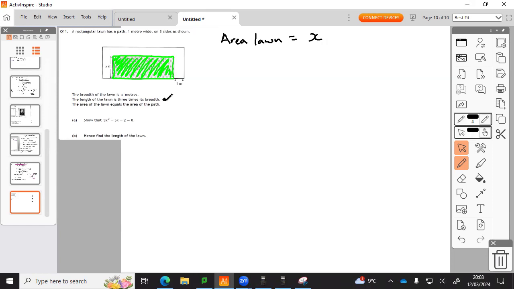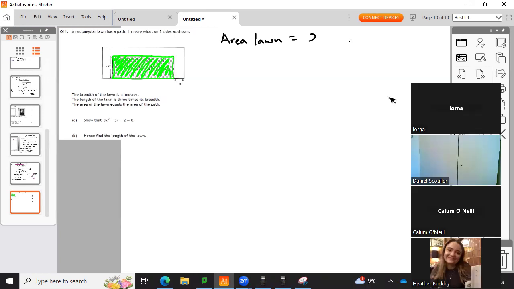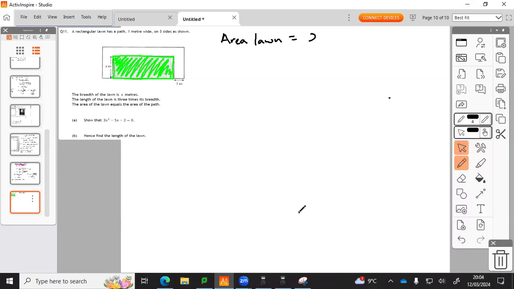So you've got x times 3x. So length times breadth equals x times 3x. So your area of the lawn is 3x squared.